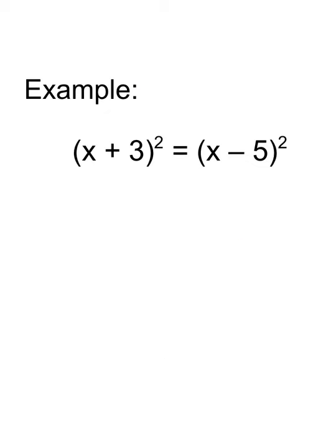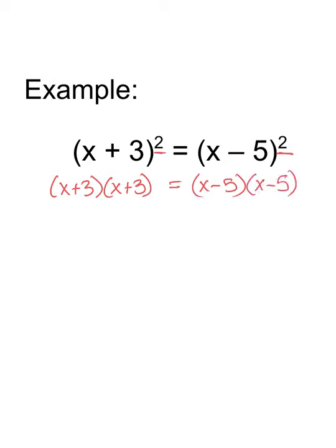Last one. If I look at these questions, hopefully you realize when you see this little squared, that really means 2. So this is really x plus 3 times x plus 3. Again, on the right side, I have a little squared, so that means x minus 5 times x minus 5. To multiply two binomial terms, a lot of you like the box method.